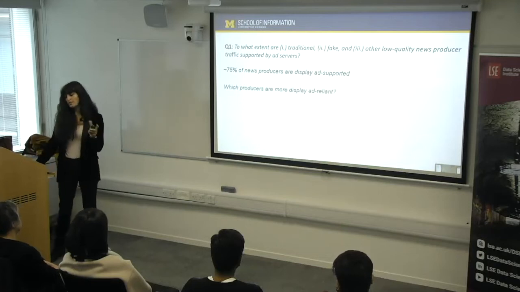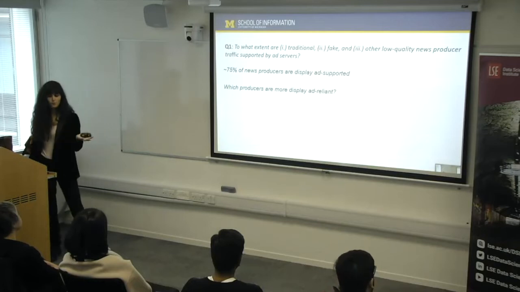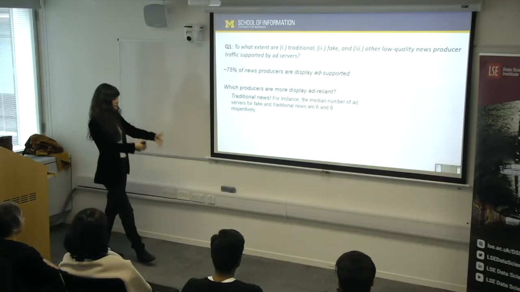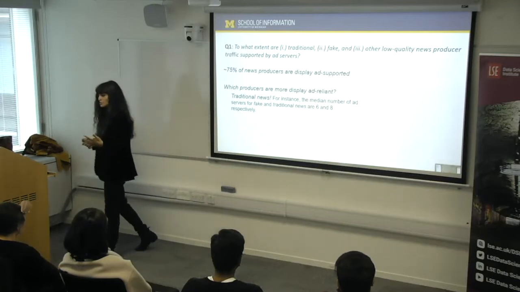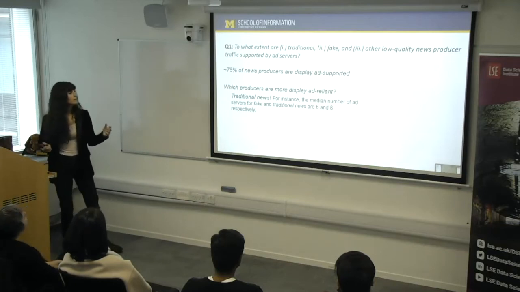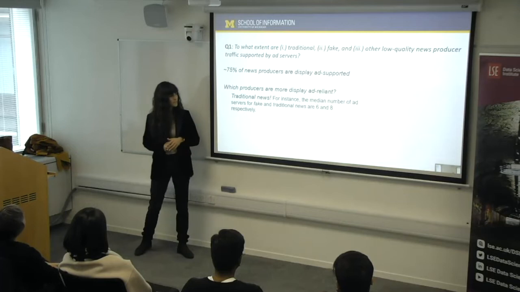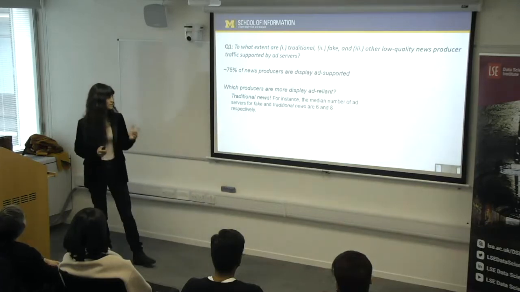What's more interesting to us is how much more or less reliant fake news is compared to traditional news. We went in expecting these outrageously bad producers to be more ad reliant, and we saw the opposite. The median number of ad servers for fake and traditional news were 6 and 8 respectively.